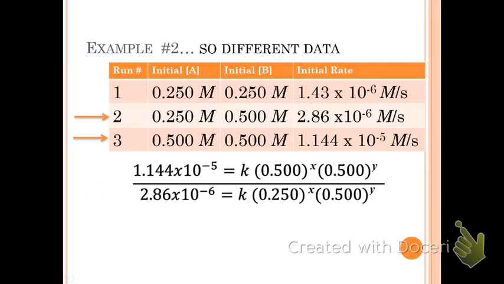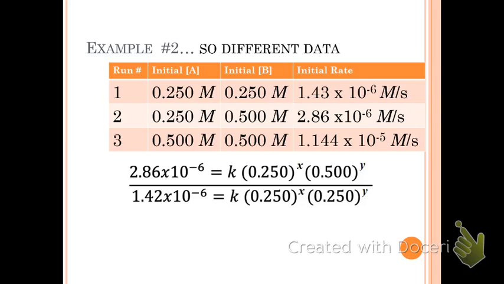Then we just cancel out your constants, cancel out the concentration B. We find that 1.144 e to the negative 5 divided by 2.86 e to the negative 6 is going to be equal to 4. We find that 0.5 divided by 0.25 is going to be equal to 2 to the x power, and 2 to the power of 2 is equal to 4. So x is equal to 2.